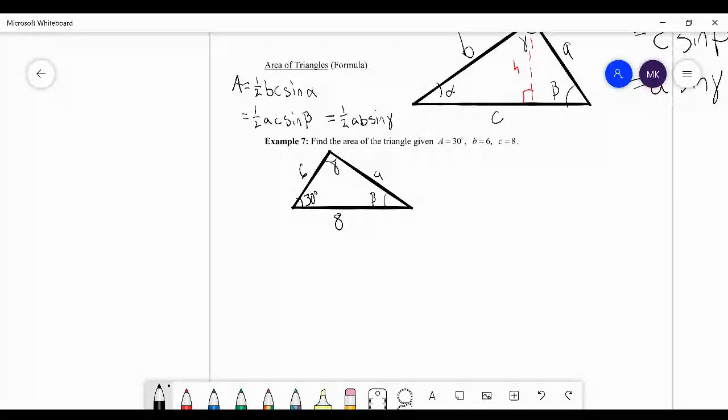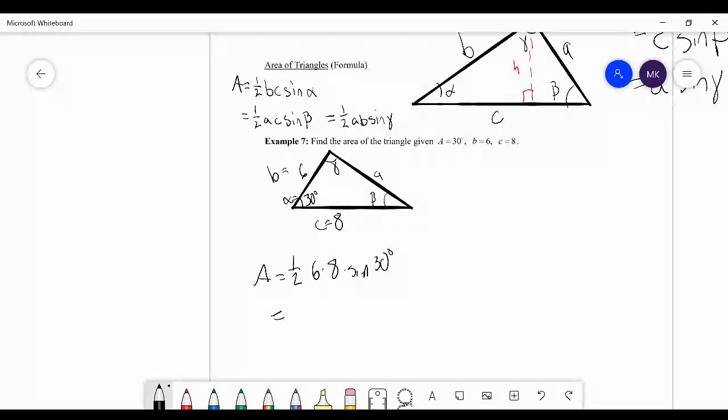Here we know C, we know B, and we know alpha. So that means the area of this triangle is 1/2 times 6 times 8 times sine of 30 degrees. And so we just punch that into our calculator. Sine of 30 degrees, that's a nice special number, isn't it?